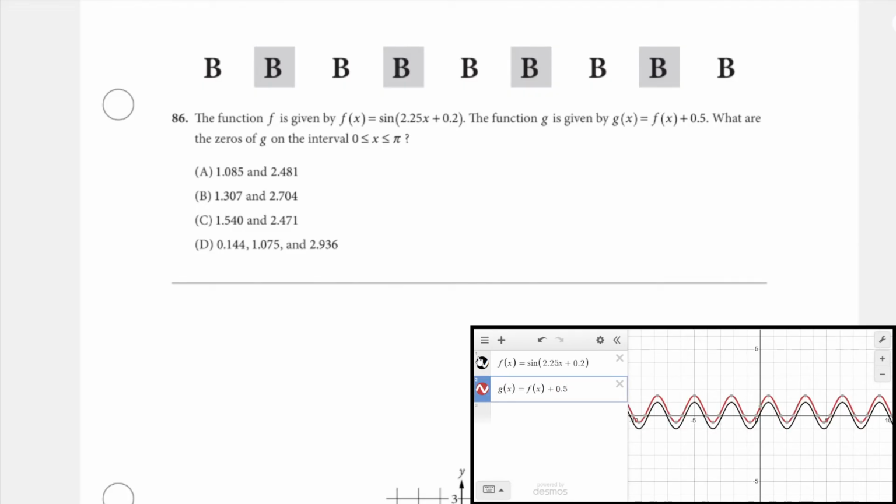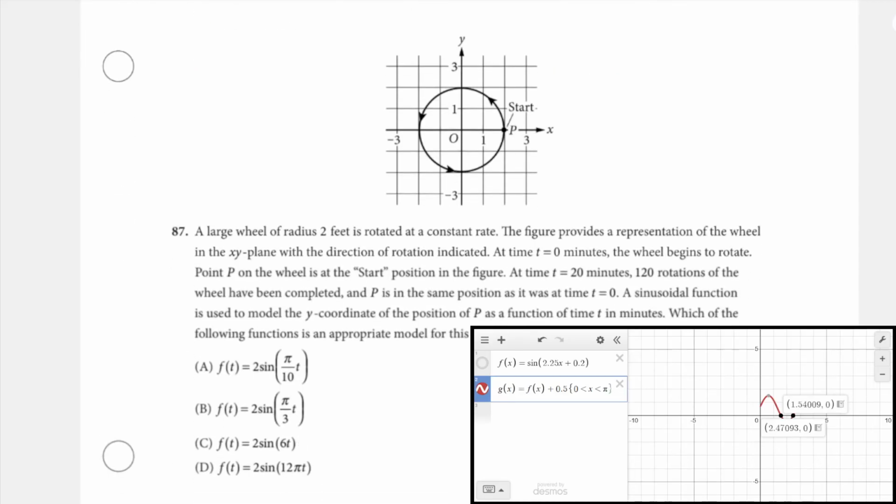You can just type it in exactly like you see it, turn off f with one click, and say, okay, on the interval 0 to pi, 0 less than x less than pi. I'm just assuming we're not going to have a zero right at the endpoints, and it looks like we're not. 1.54 and 2.47. I'm just going to leave those on screen. There we go. I'm seeing those answer choices. I'm selecting them. I'm moving on.